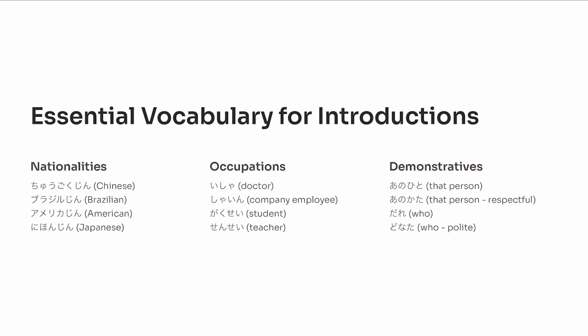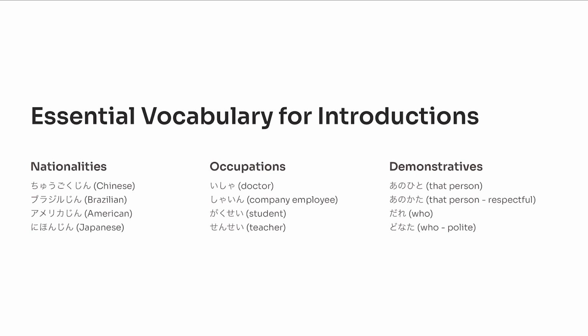Before we finish, let's quickly review some essential vocabulary for introductions. These words will help you talk about people's nationality, occupation, and identity. For nationalities, we have 中国人 Chinese, ブラジル人 Brazilian, アメリカ人 American, and 日本人 Japanese.